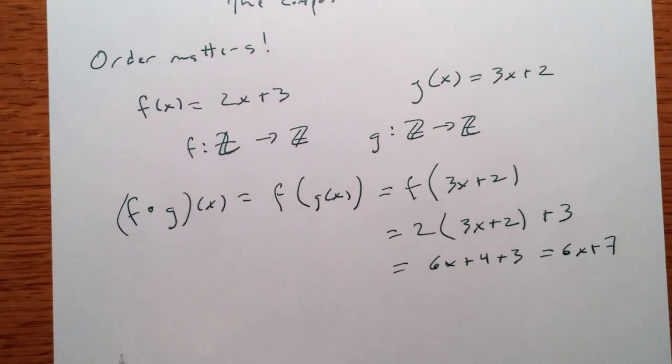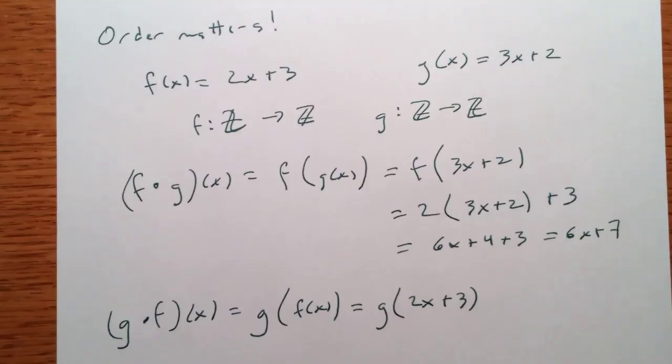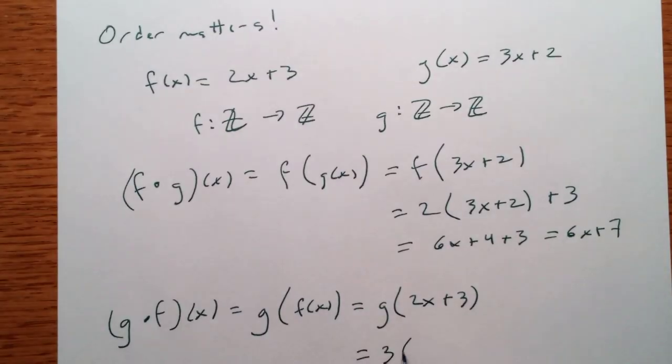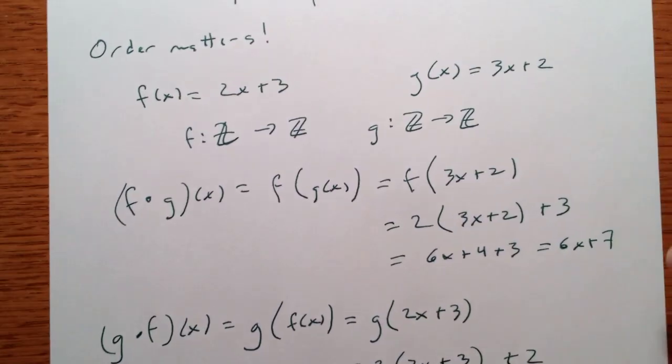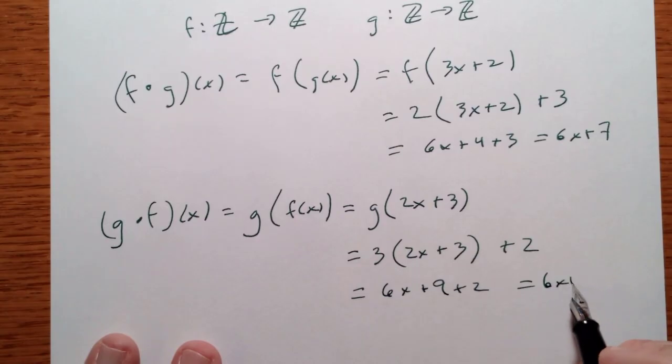Let's do them in the other order. G of f. Well, F of x says take the thing you put in, multiply by 2, and add 3. But G says take the thing you put in, multiply by 3, and add 2. So I'm going to take the thing I put in, multiply by 3, and add 2. Please notice that's 6x plus 9 plus 2, which is 6x plus 11.